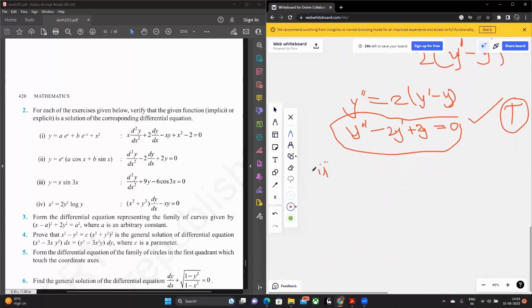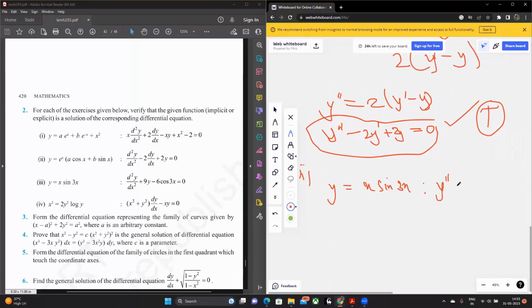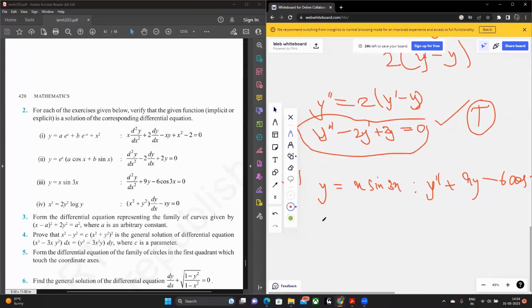Your third subpart is y equals x sin 3x, given the differential equation y'' plus 9y minus 6 cos 3x equals 0. From here, y' is equal to sin 3x plus 3x cos 3x.